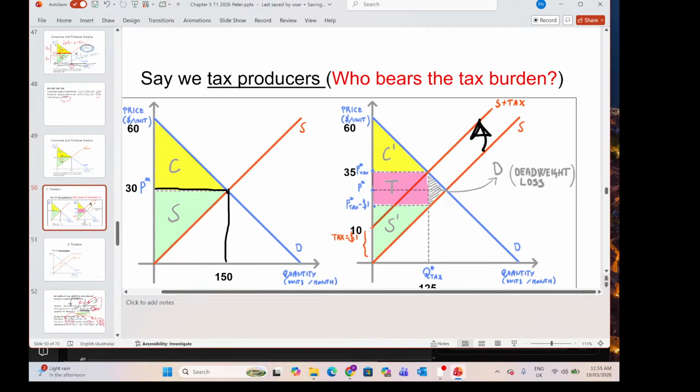It's to move the equilibrium from 150 to 125, to move the price from 30 to 35.